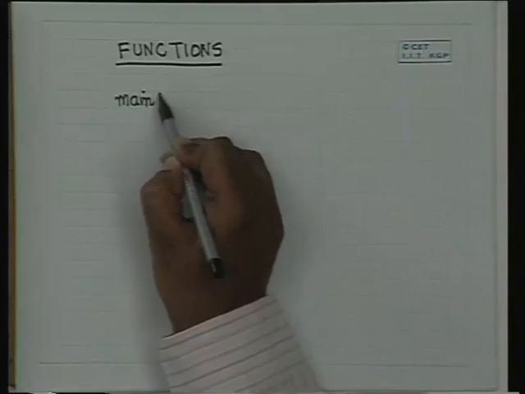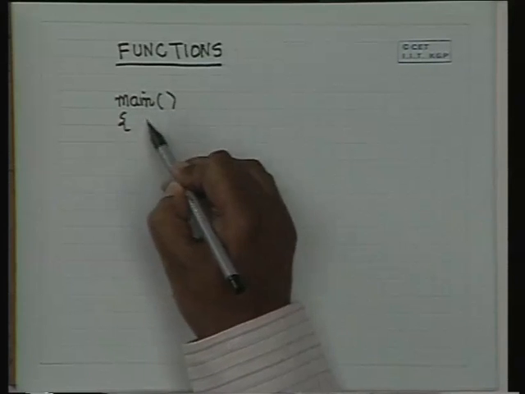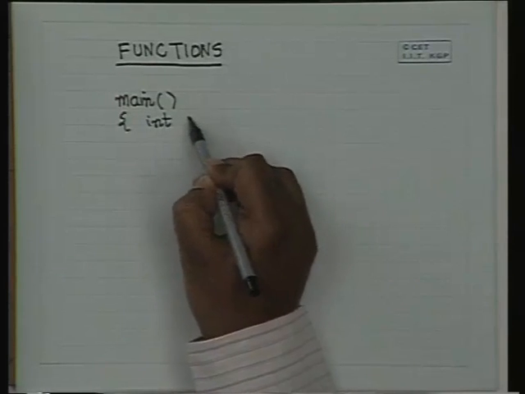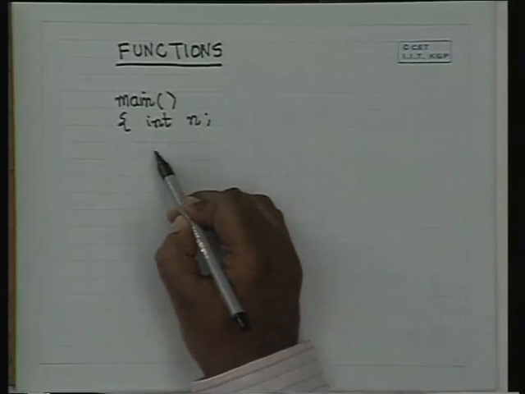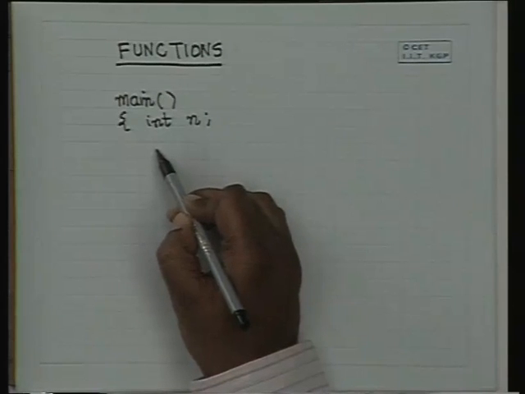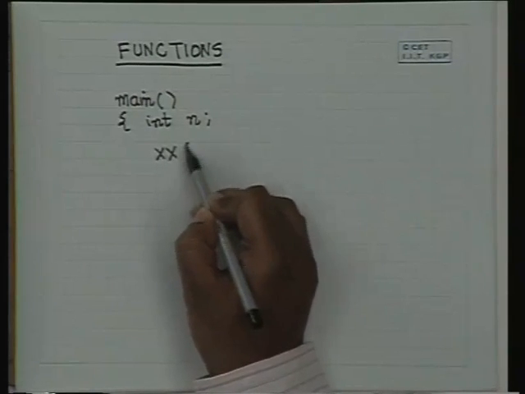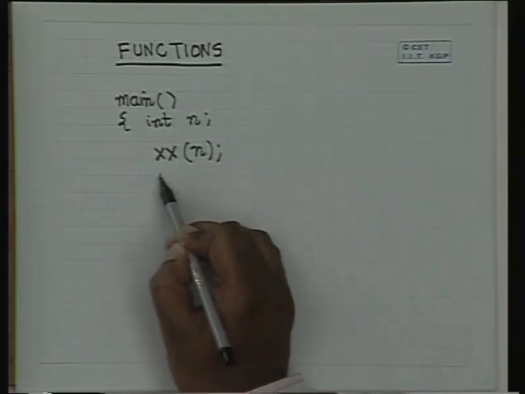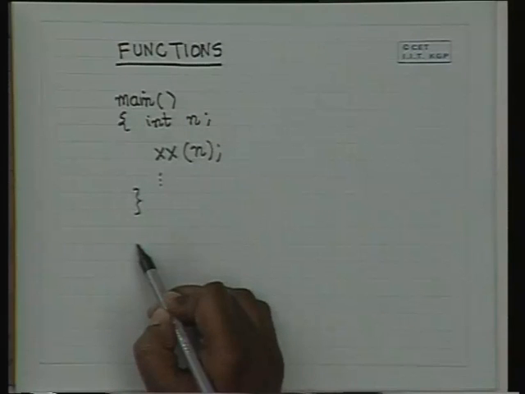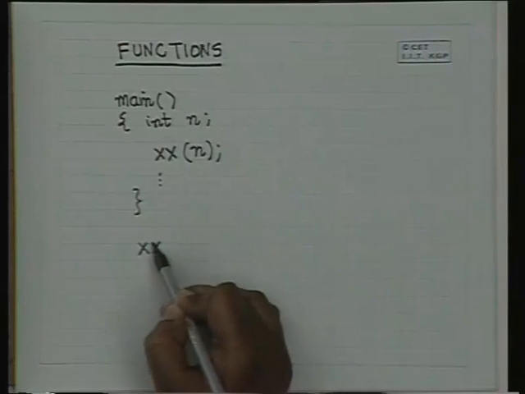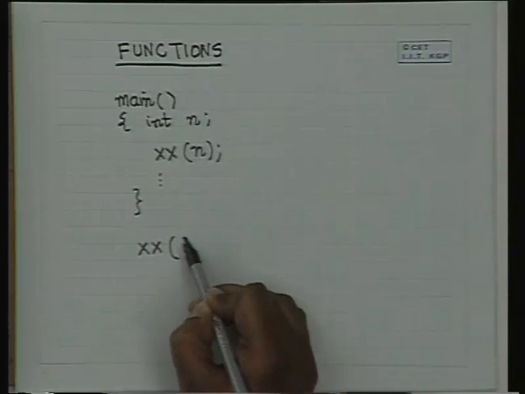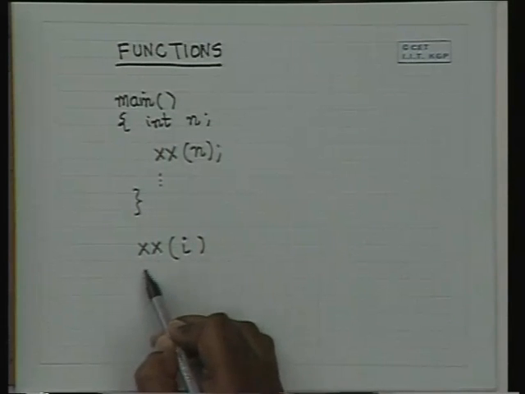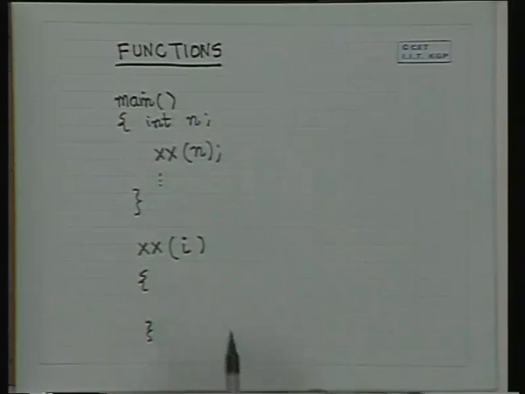So in a C program, you will have a main program, and maybe you will have an integer n, and maybe you will call a function, say xx, with argument n, and then do some other things and terminate, and you will declare a function xx with argument I, and then you will do something in this function.